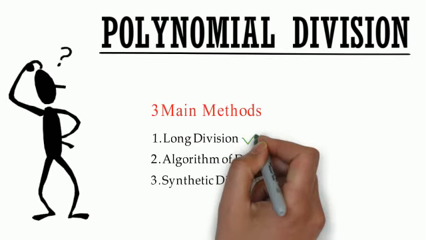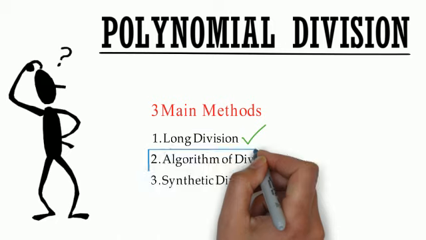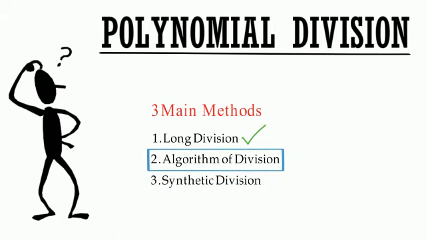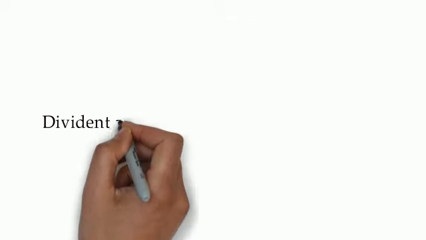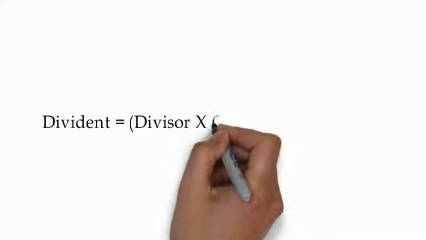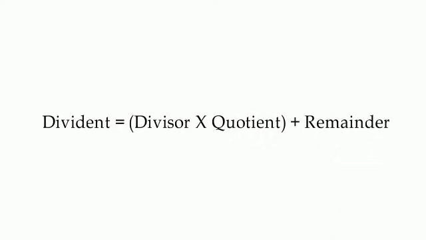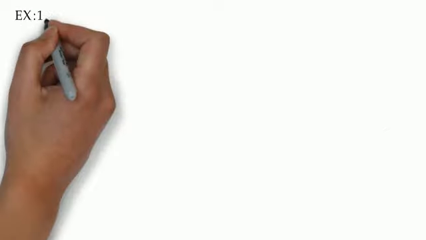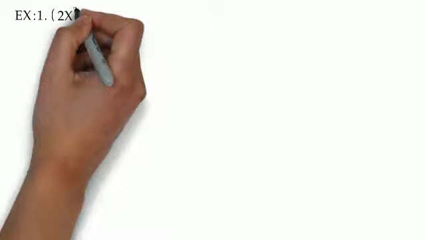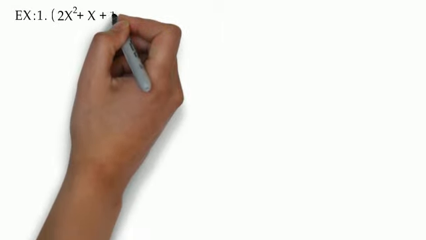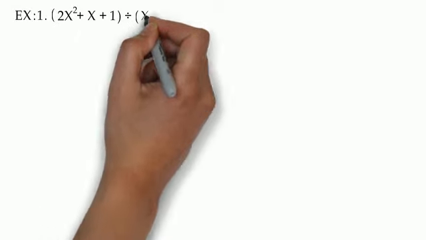Let us now see algorithm of division. It has this basic rule, which is dividend equal divisor into quotient plus remainder. Let's work this out with the same examples. Example 2x squared plus x plus 1 divided by x plus 1.